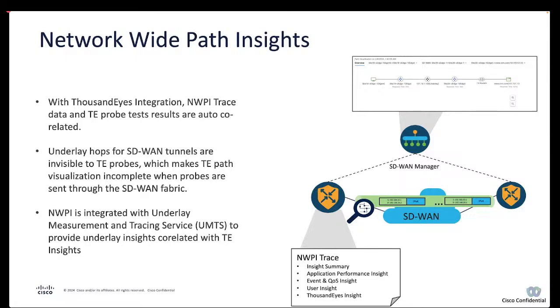But with all of this, it currently does not provide you insight specifically into the underlay path and the performance metrics at each hop, right? Which is a key ask from the field from many customers.